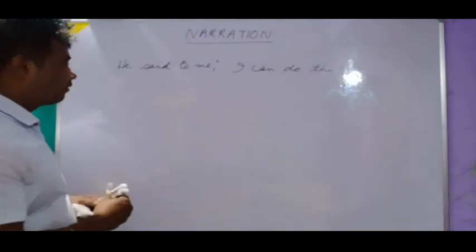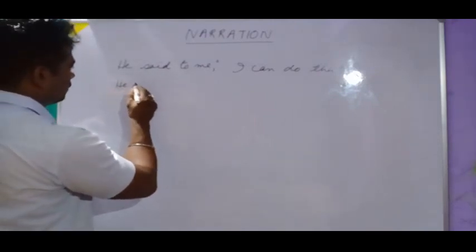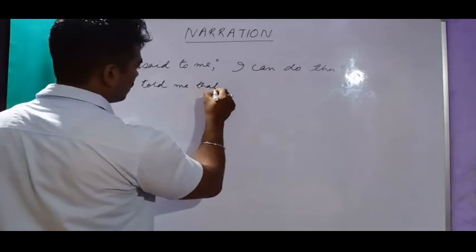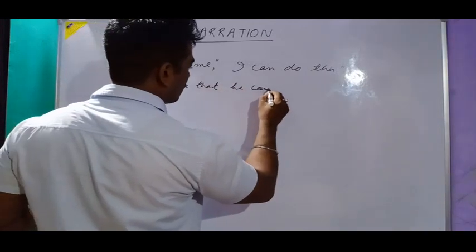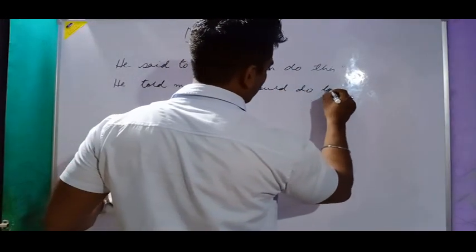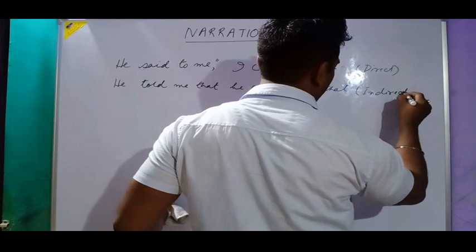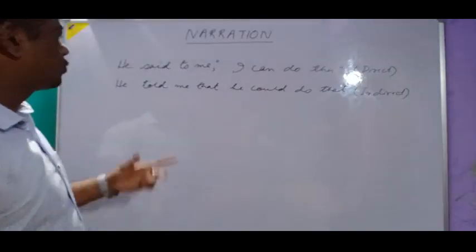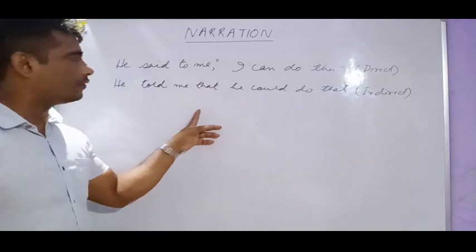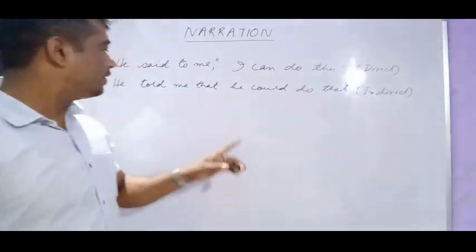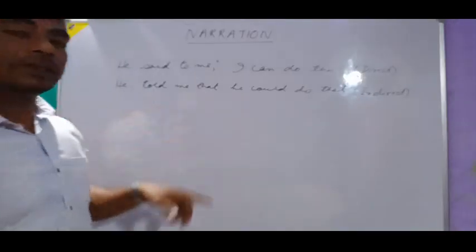Now, I will write one change has taken place here. If you can observe, in the previous sentence, I wrote, he said that. But here I have used told. So why told this time?